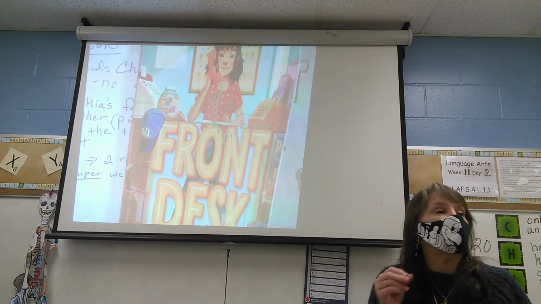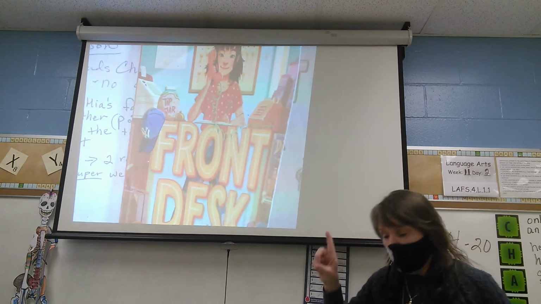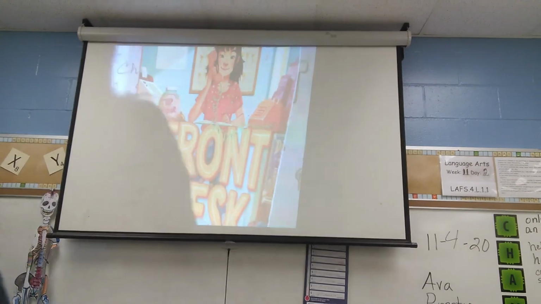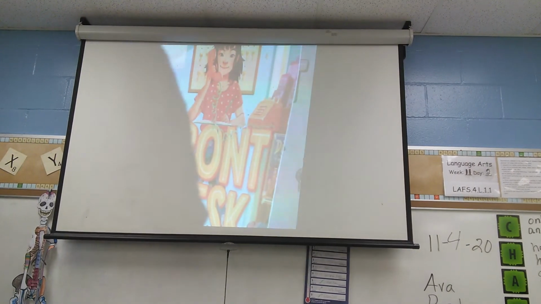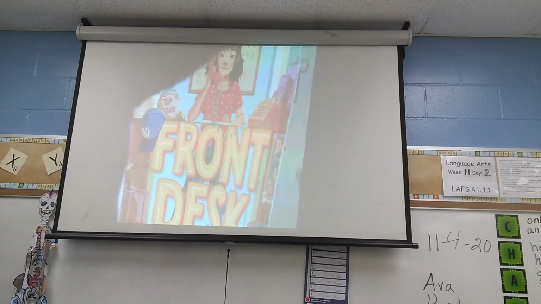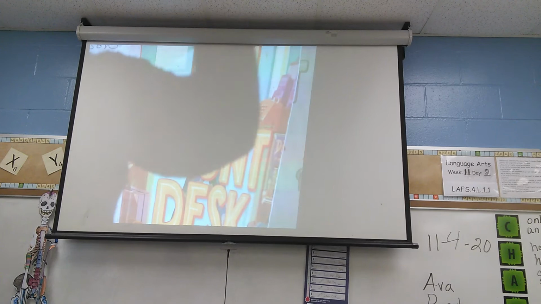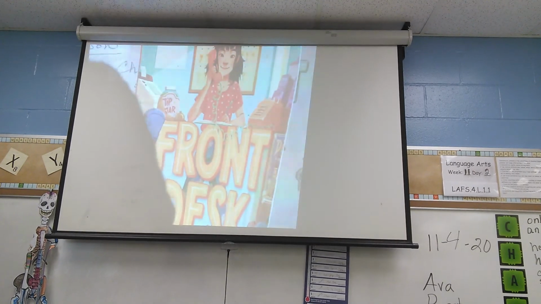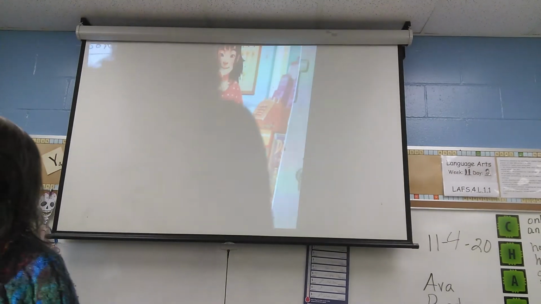You should be at a place in your book where you can focus on one of the characters and build an interpretation of the type of person they are, and then support it with text evidence. What details in the text make you think that?